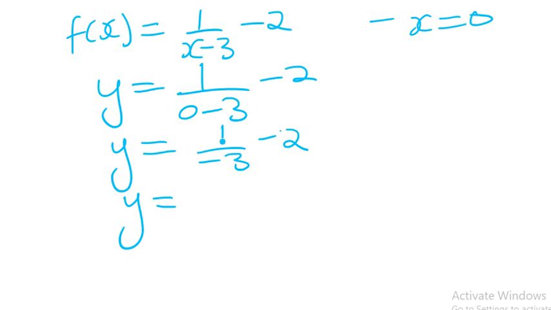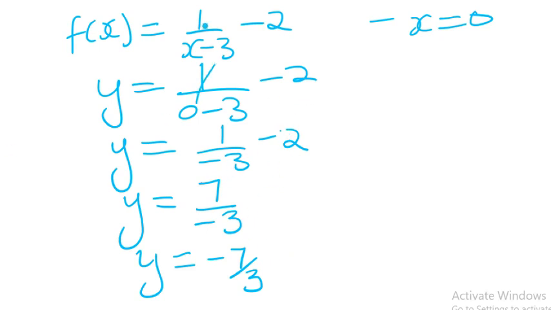Positive 6 plus 1, that is 7. So we will have 7 over negative 3, which is the same as negative 7 over 3. So that is our answer. All right, let's move on to the next question.